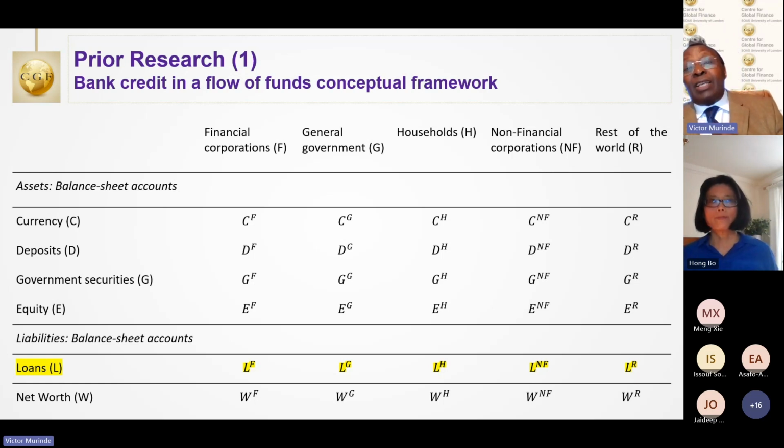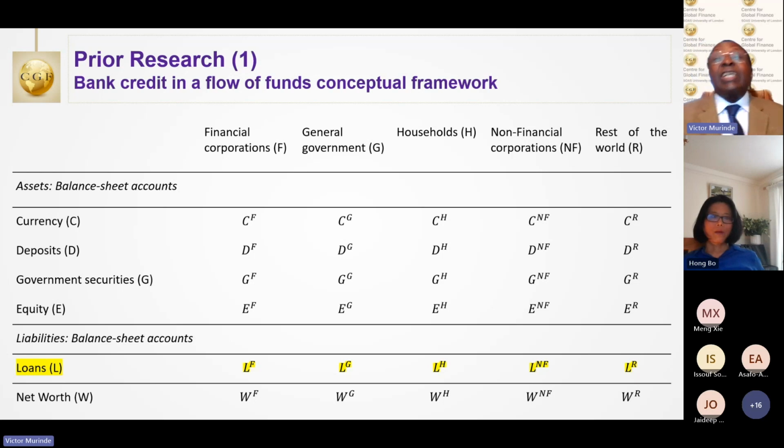The previous paper I did with my colleagues here was that the oil booms were actually not translating into bank productivity.